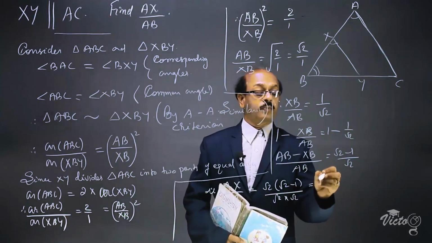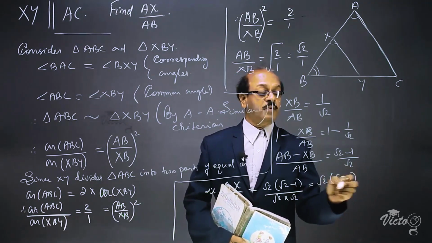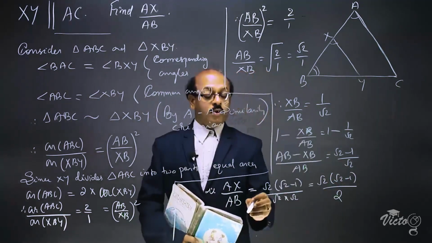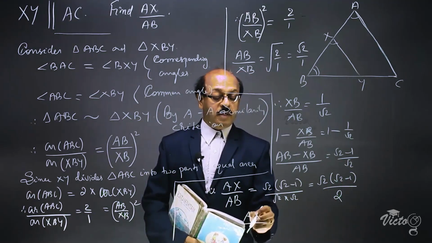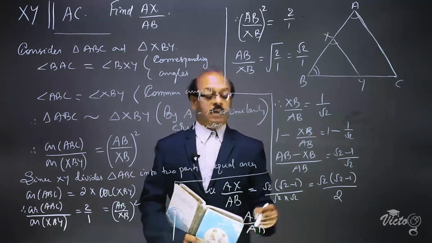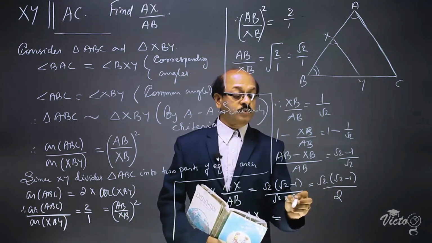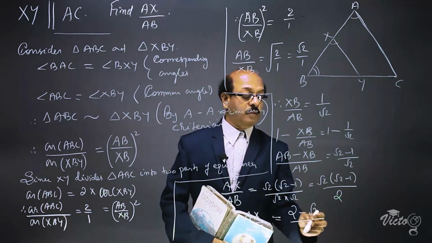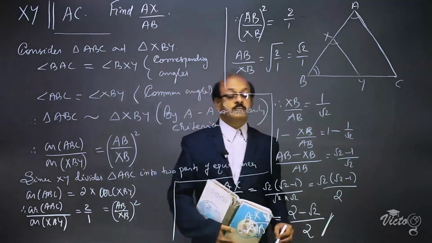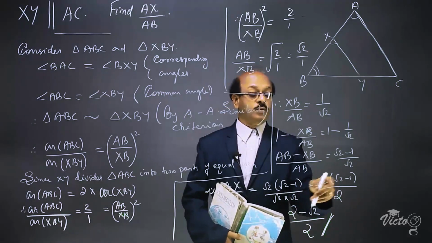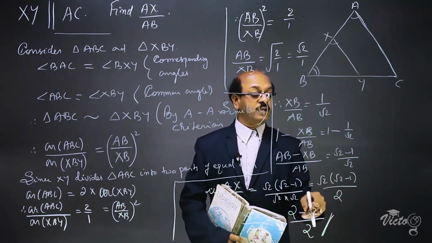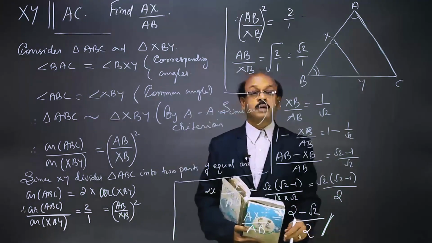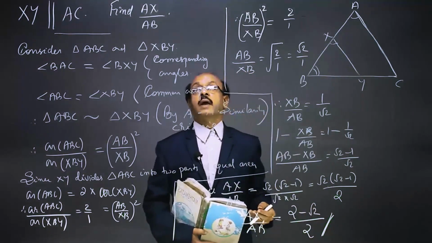Root 2 into root 2 is equal to 2, and root 2 into minus 1 is equal to minus root 2. The whole divided by 2 is the answer. 2 minus root 2 divided by 2 is the value of the ratio of the side AX by AB.